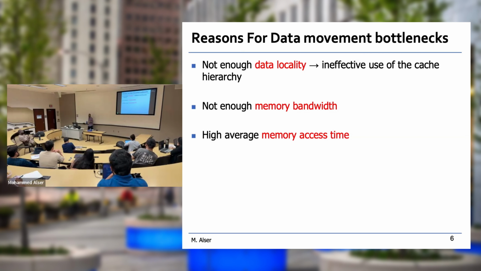But also, we might move data that is very useful, and we are going to use it, but due to the replacement policy, we are going to evict it, remove it from the cache, and every time we want to reuse it again, we go back to the DRAM and bring it again, right? So there is always a problem with data locality, either as useful data or as something that we bring and will not use.